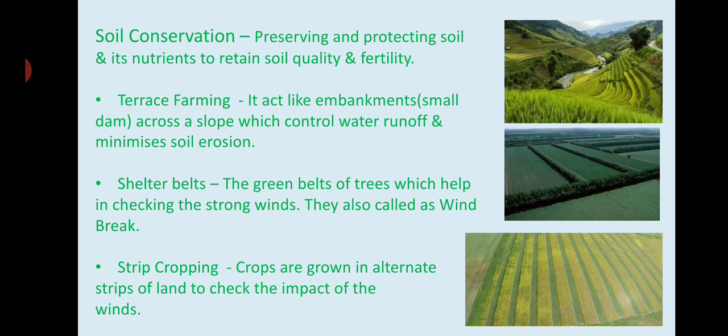Then comes strip cropping. Here we actually grow crops in alternate layers, and this is done first to check the impact, that means the force of the wind, and second to retain the soil quality also.